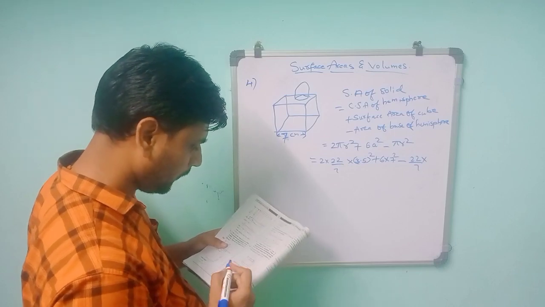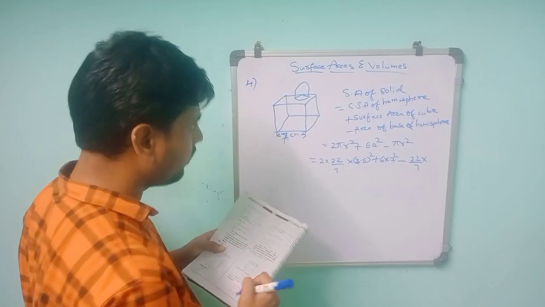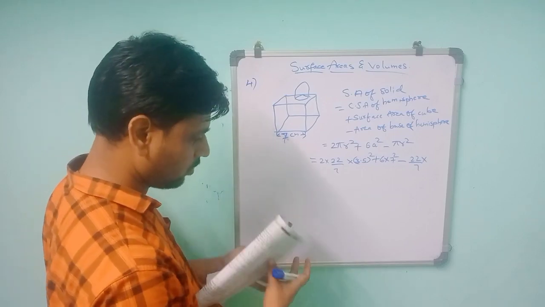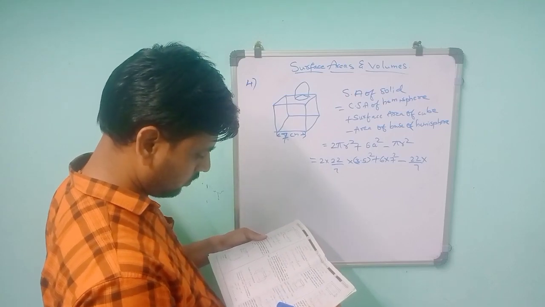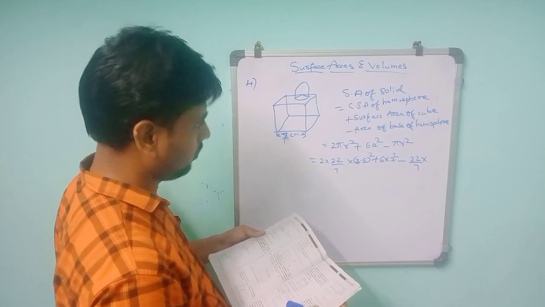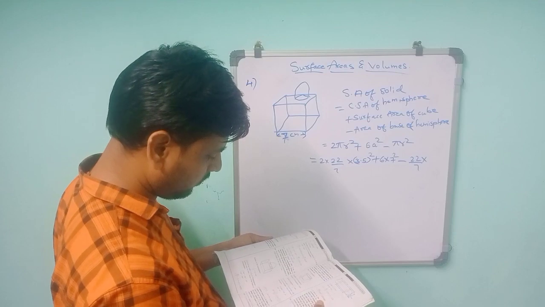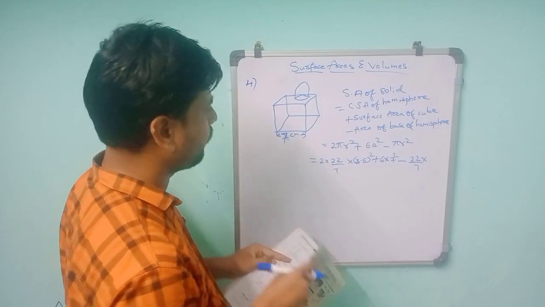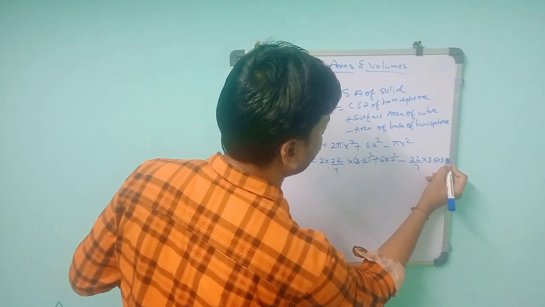So pi r square, where r is 3.5, so 3.5 into 3.5.